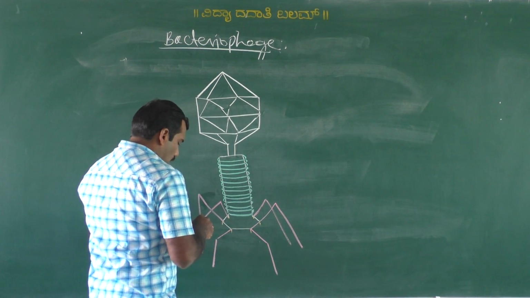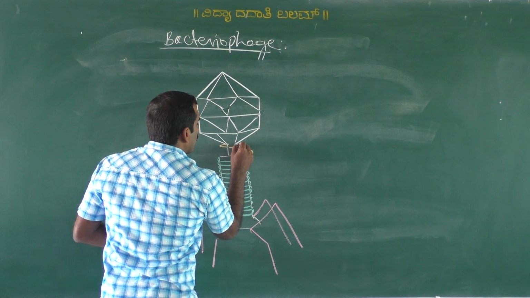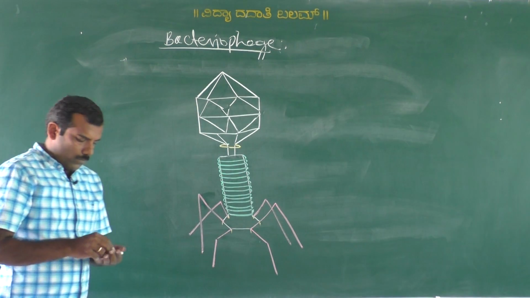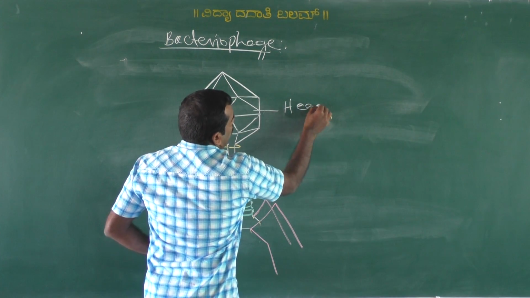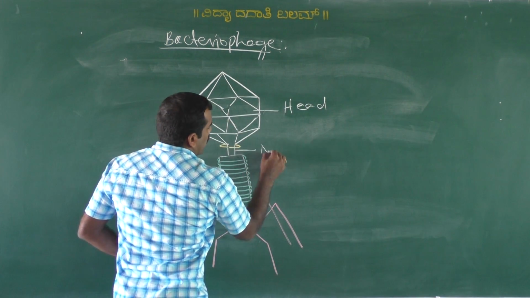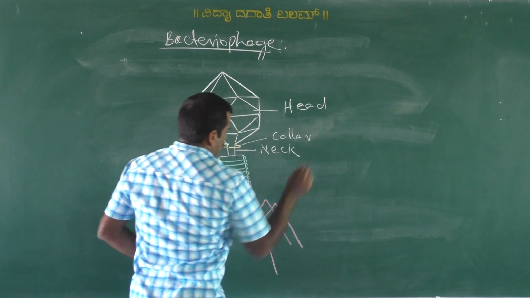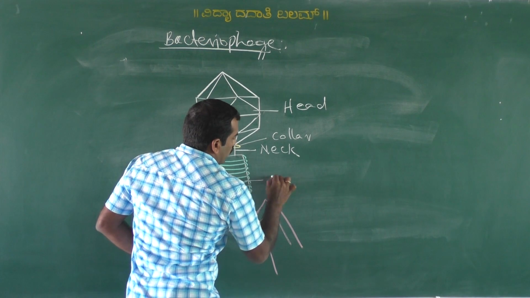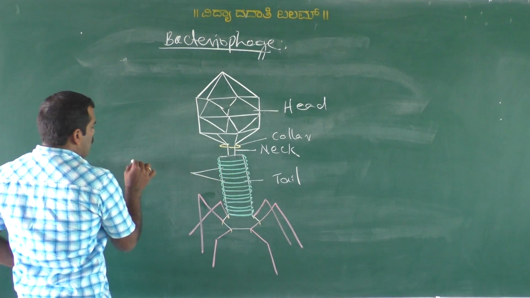Here there is a collar-like structure. It is a collar. So this is the head. This is a neck. This is a collar. This is a tail, the contractile tail sheath.